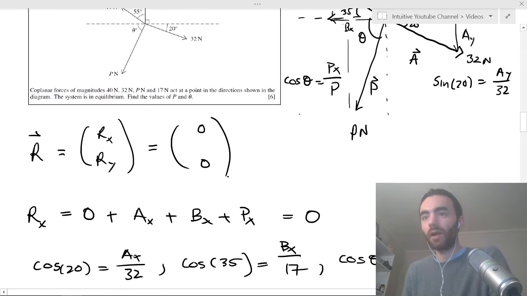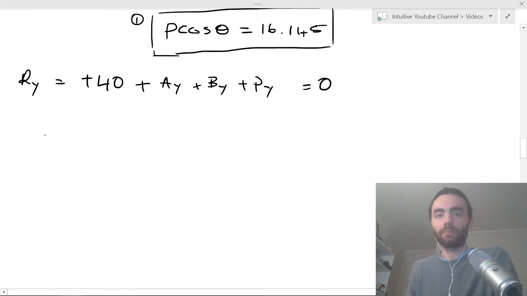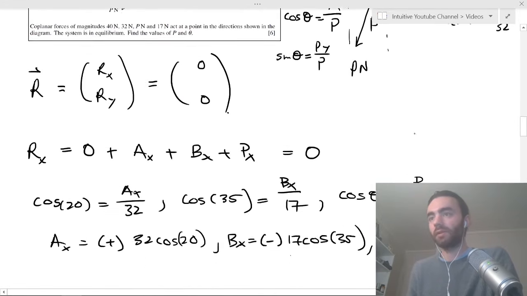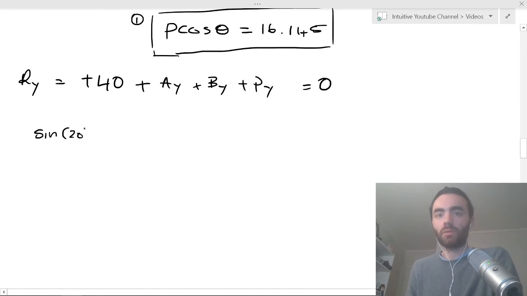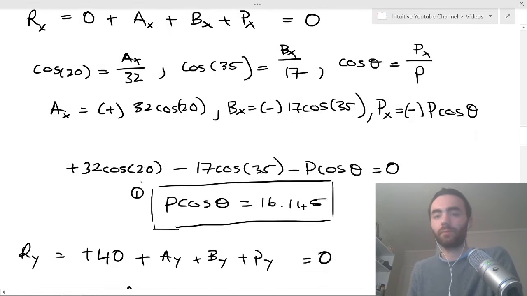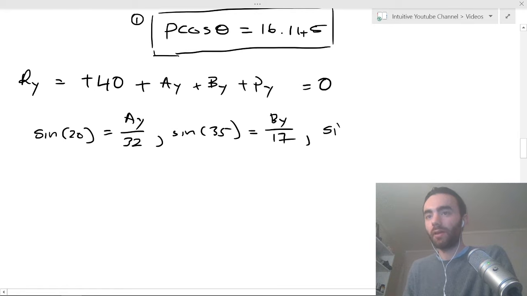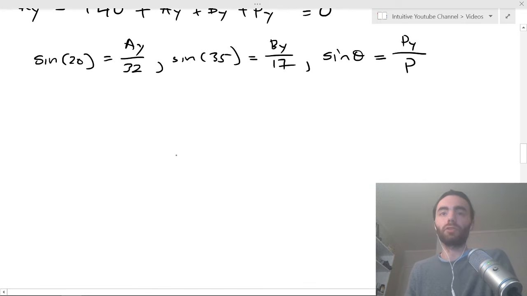And then you do your Py, where sine of theta equals Py over P, which is the magnitude.